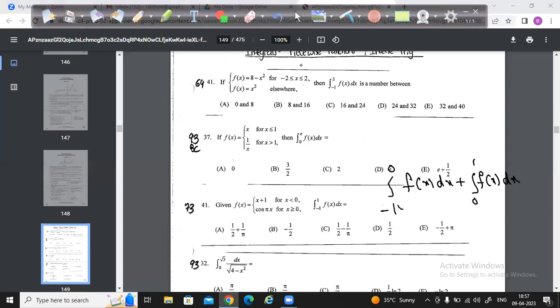Krishna gave me an answer. Krishna, please redo it again. Subbarayadu gave me an answer. All others, please type your answer fast. Manish gave me the answer, perfect. What is the integral from minus 1 to 1 of f of x dx?